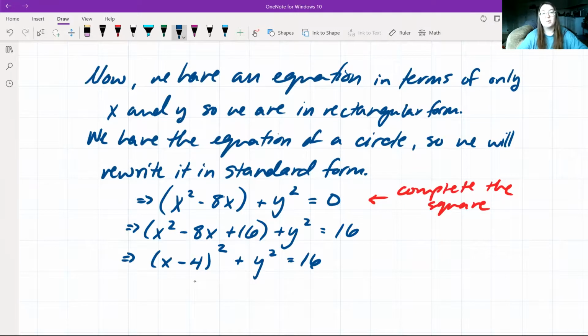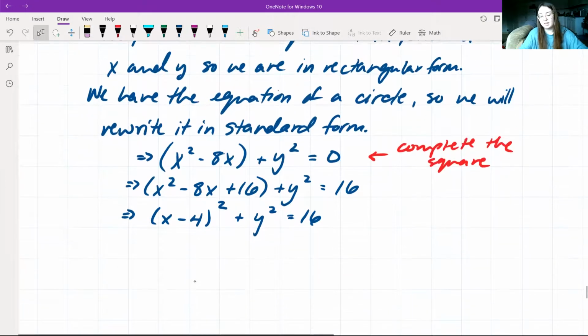And this looks a lot more like the standard form of the equation of a circle, which we see here. If we want to think about the equation of a circle, we have our radius of our circle equaling 4. We see the value of x is displaced by 4 values, things like that. So we have our standard form here.